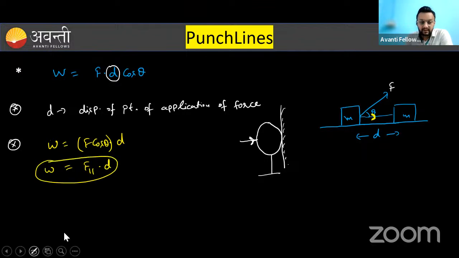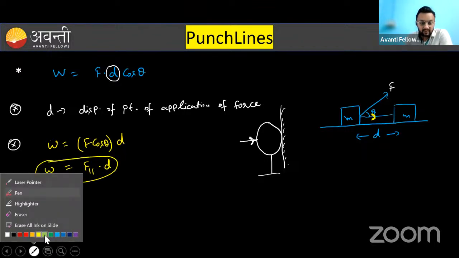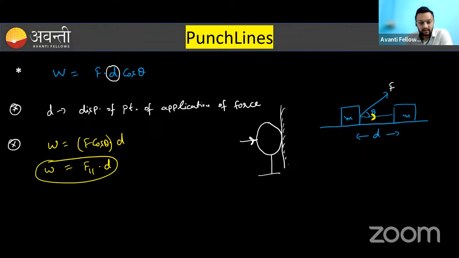Now moving further, it can be written further as the third punchline. Can you write this equation again as work done equals F into d cos theta?